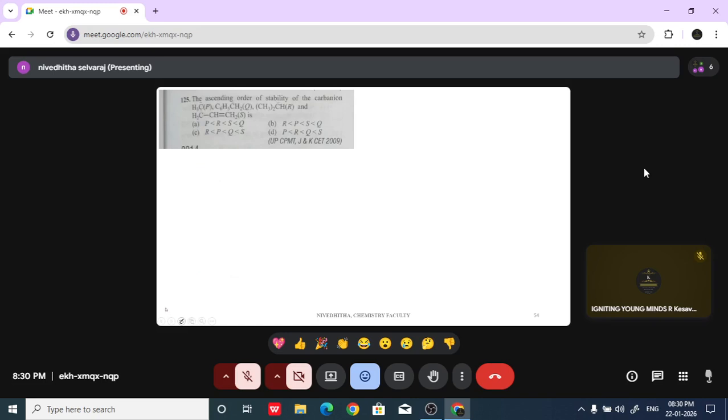I'll write the proper carbanions here. Carbanion P is nothing but CH3 minus. Q is C6H5 CH2 minus. R is a negatively charged carbon attached with hydrogen and two methyl groups.